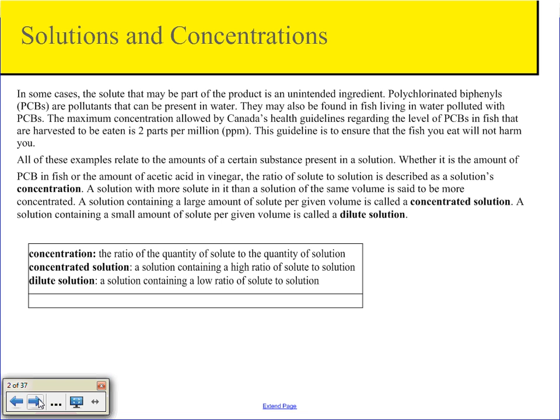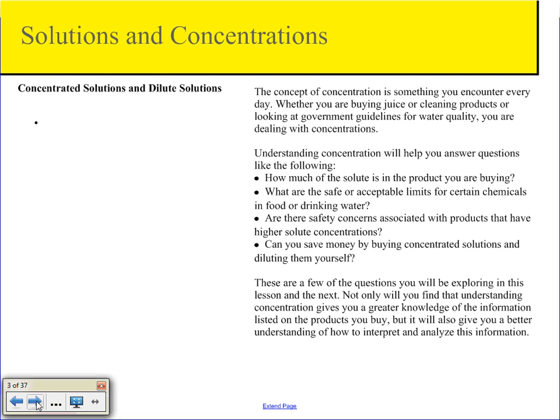So again, concentration is the ratio of the quantity of solute to the quantity of solution, and a concentrated solution is a solution containing a high ratio of solute to solution, meaning that it has a high amount of solute in that solution, and a diluted solution is a solution containing a low ratio of solute to solution.